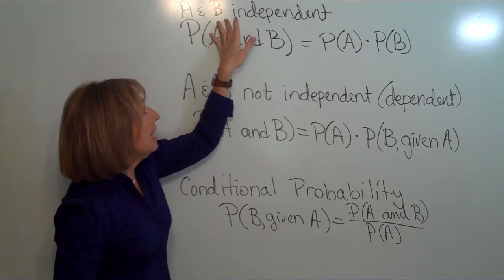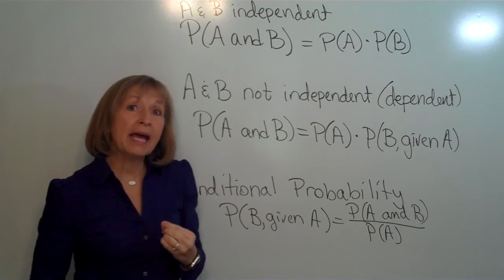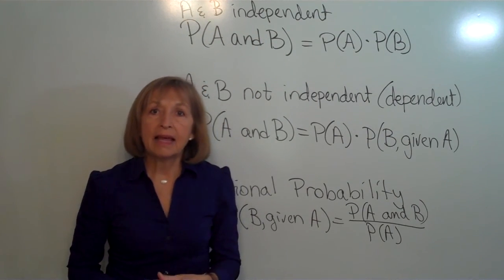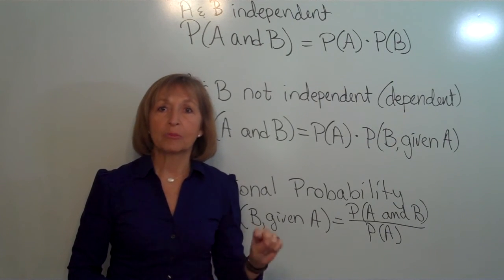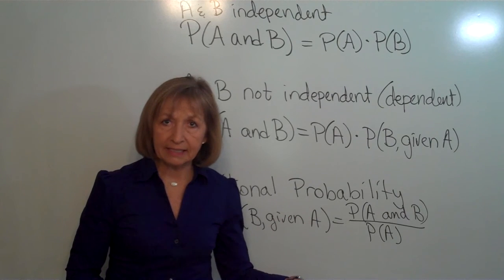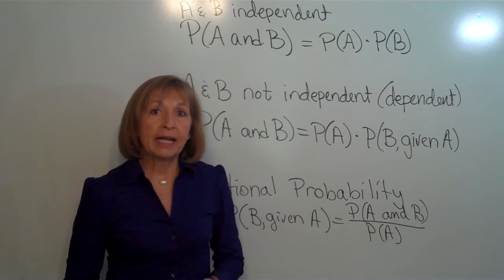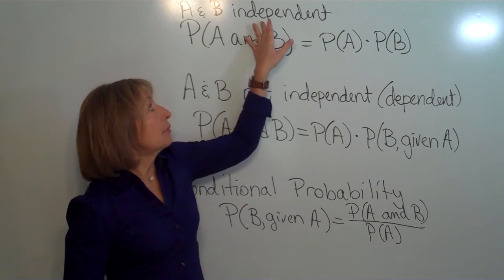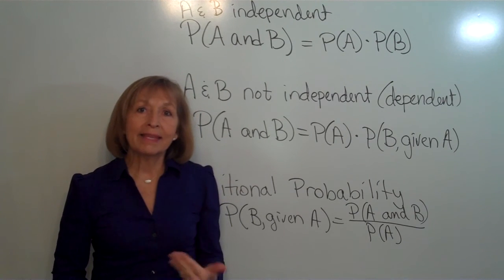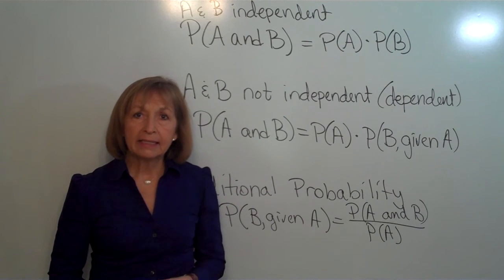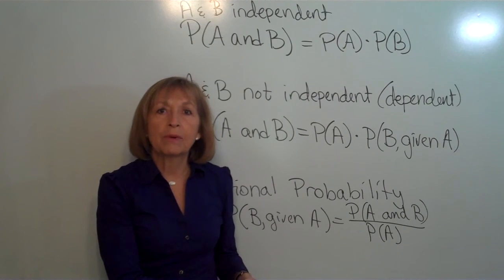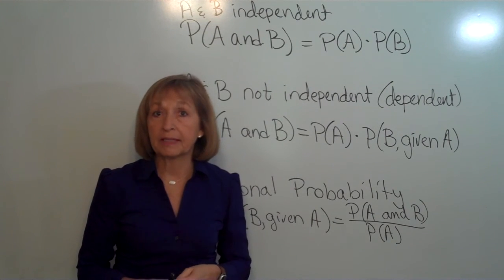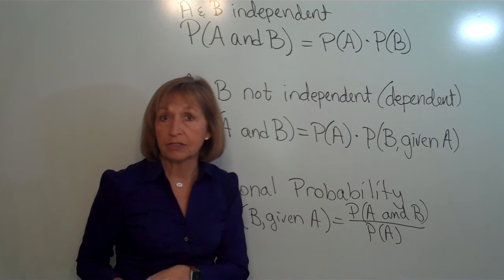And the A and B are independent. Well, independent event means that the occurrence of one event does not affect the probability of the second event occurring. So when I look at whether they are independent or not, I want to think of that second event's probability, and then I want to think about what the second event's probability would be if event A occurred to start with.